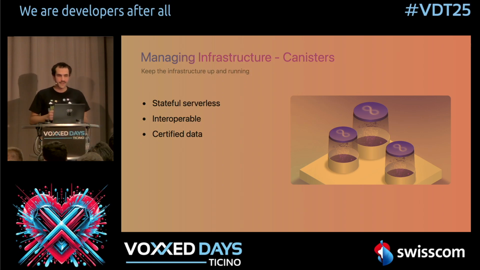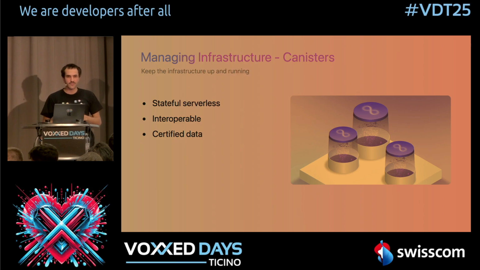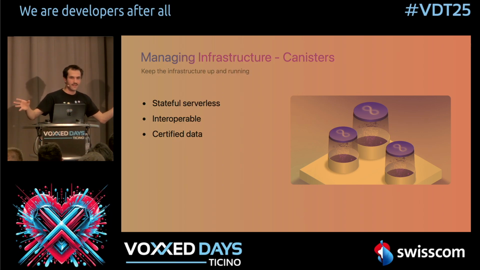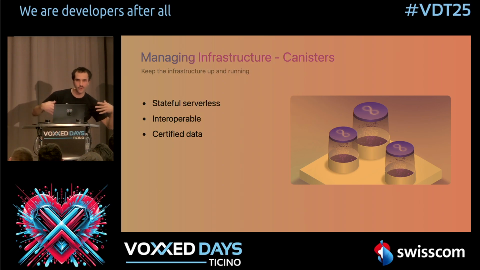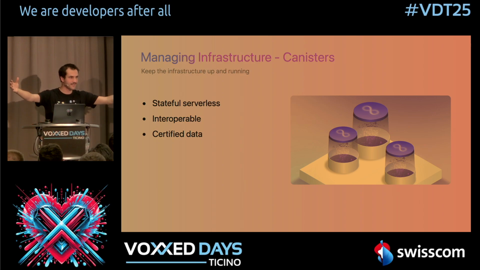But it's even cooler, because the canisters are interoperable. Other people are gonna build other canisters, like, for example, exchanges or wallets for their users. And the cool thing is that from our canister, we can interact with their canisters.